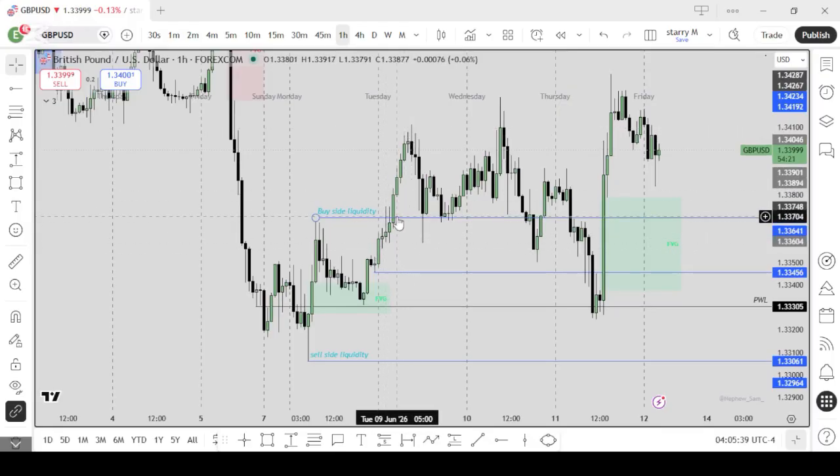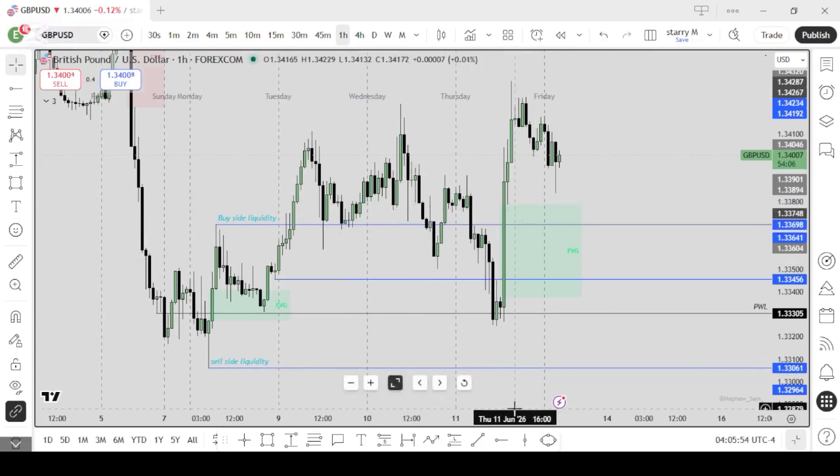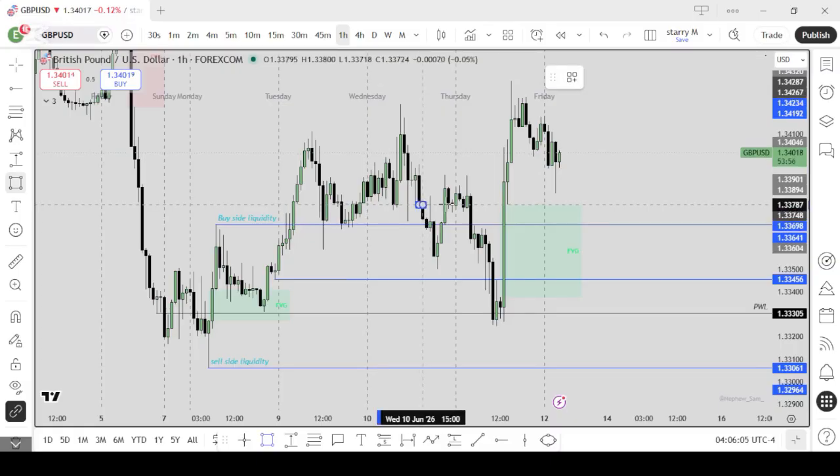Where is our swing low? This one here, and it was not even giving a fair value gap, so that was invalid in the first place. That was totally invalid. And now on Wednesday, the market was not giving us a clear market structure and fair value gap until here.